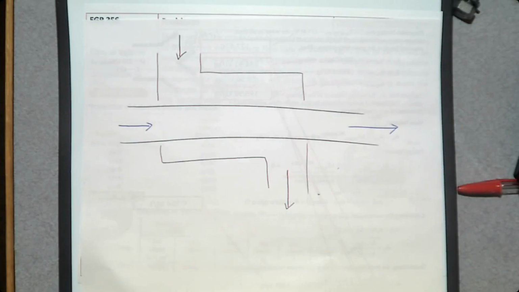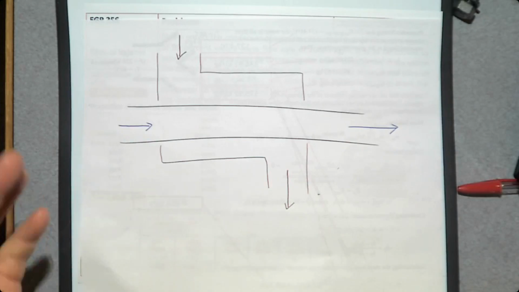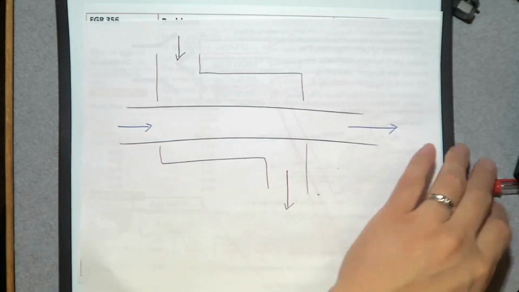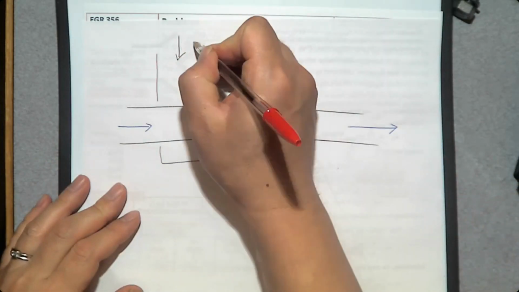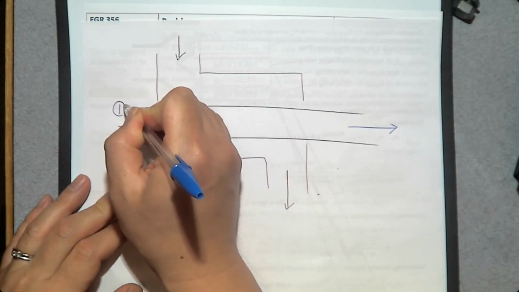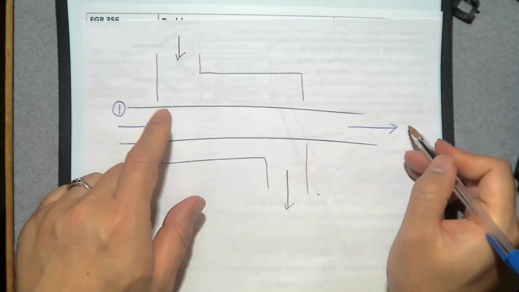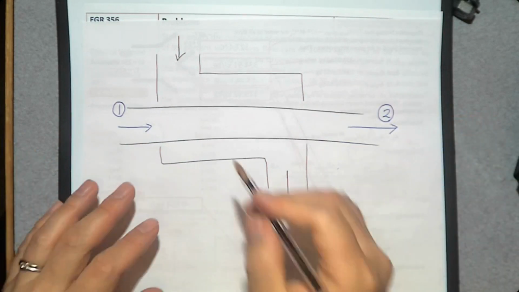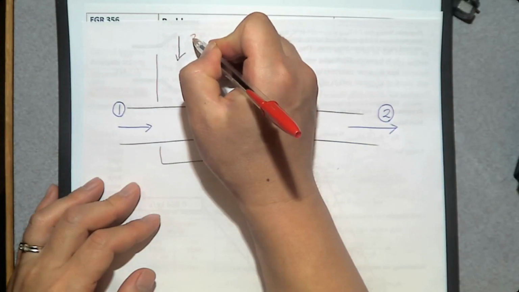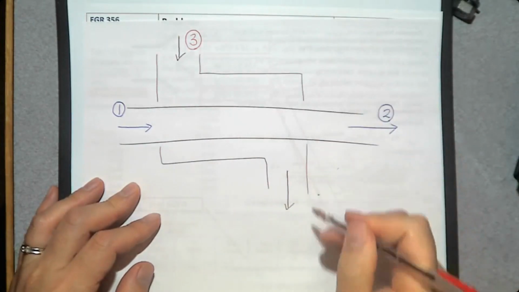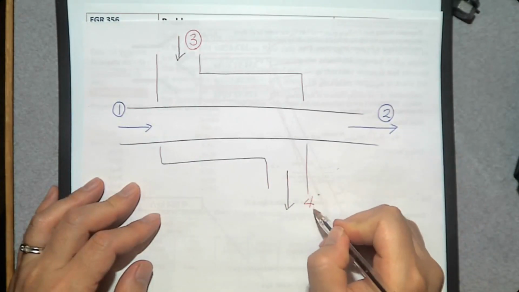Then how can we write the energy balance equation? It's simple. Let's say that there is one fluid that goes in at the inlet number 1, and then leaves this heat exchanger at the exit number 2, and there is another fluid that goes into this heat exchanger at inlet number 3, and this one leaves at the exit number 4.